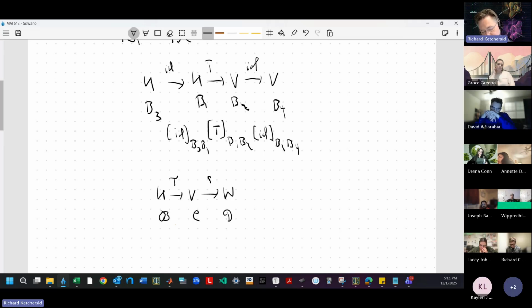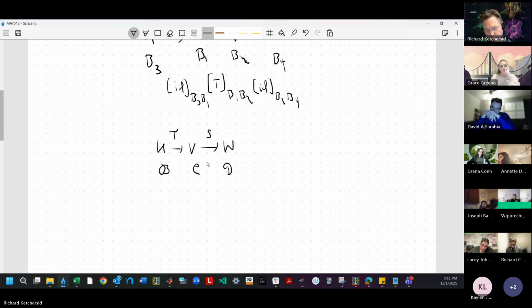And this is t and this is s. So I might have these matrices there, and here I have this matrix S, C, D.